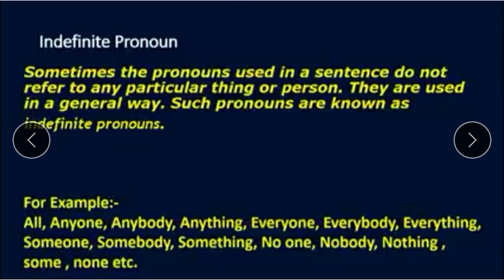For example, all: we are not referring to any one particular person, we are talking about all the persons. Anyone, anybody, anything, everyone, everybody, everything, someone, somebody, something, no one, nobody, nothing, some, none, etc. are examples of indefinite pronouns.